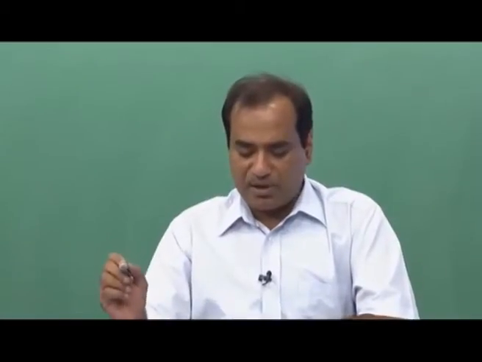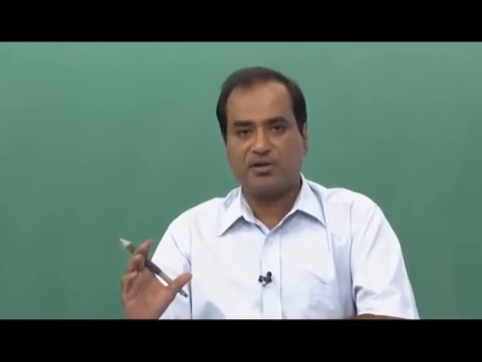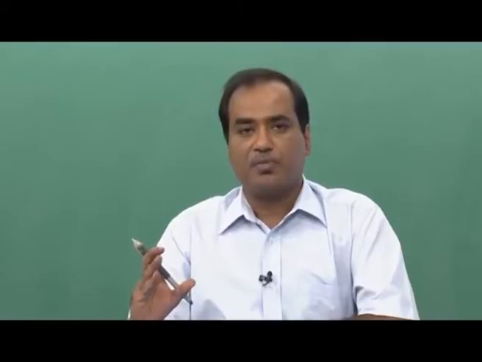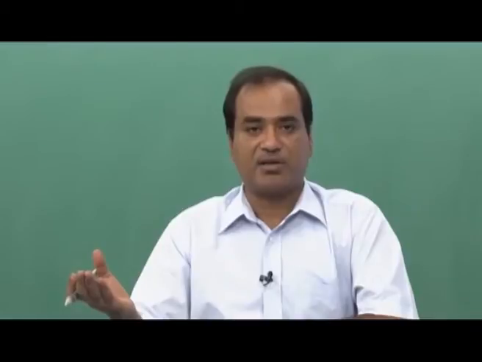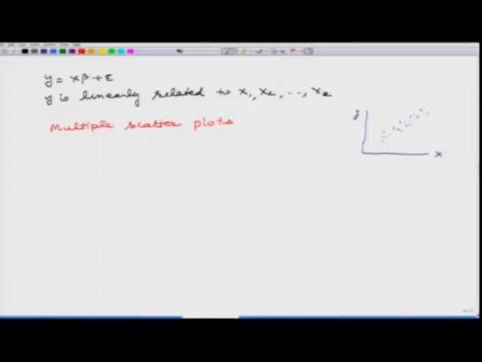In the case of a multiple scatter diagram, we essentially plot the scatter diagram among all the variables pairwise. So, for example, if I have a model something like y equal to x1 beta 1 plus x2 beta 2 plus epsilon, where I have got only two independent variables, in this case the multiple scatter plot will look like this.